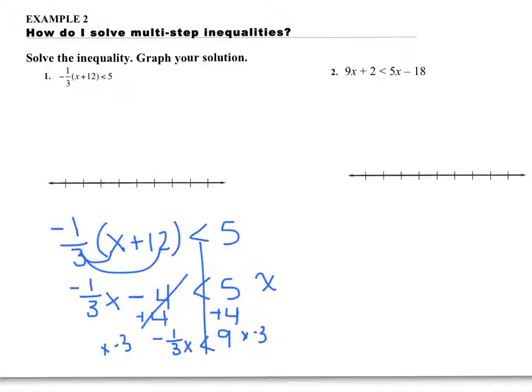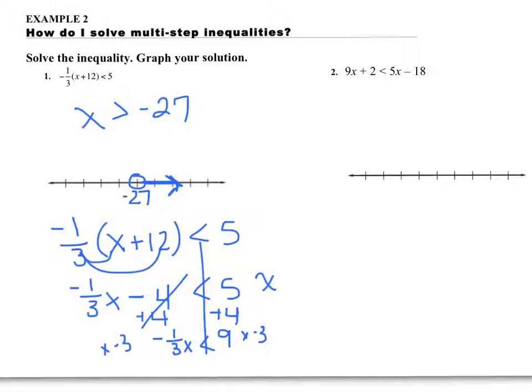So x, then I'm going to flip the sign, is greater than negative 27. All right, so I'm going to have a negative 27 on my number line, and it's going to be just greater than, so it's not going to include negative 27.